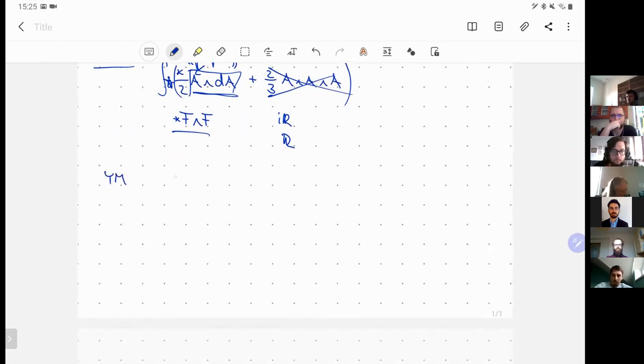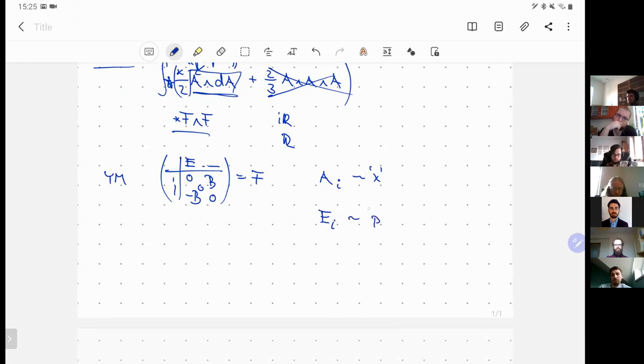You might remember that we had our F mu nu, which consists of E and B, right? There was this B block, which was the spatial part of the curvature, and E was the temporal part of the curvature. And then when you were quantizing this theory, it turned out that you can take your A_i to be like the axes, the canonical coordinates, and each of them has this E_i being its momentum associated to it.